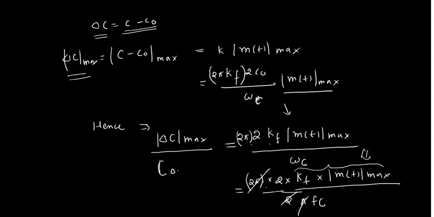This is a very trivial step, right? From here to here we have just taken this C naught to the denominator, and now we replace omega C by 2 pi Fc, and so this 2 pi will cancel out, and we have delta C max by C naught as 2 Kf m(t) max by Fc. But we have seen this Kf into m(t) max.